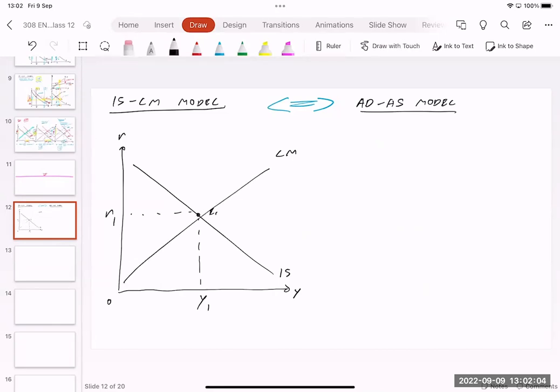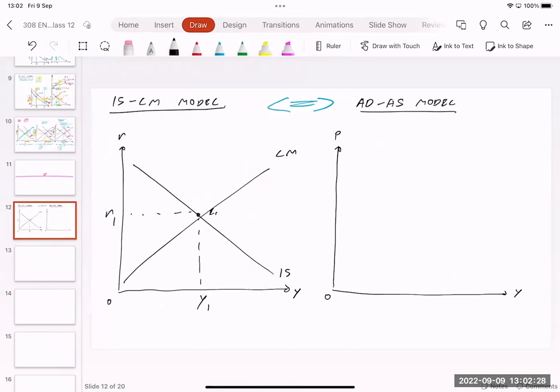Then we have the aggregate demand and aggregate supply model that we learned before in the midterm exam. On the horizontal axis it's the same as IS-LM, Y as GDP. But on the vertical axis it's different. It's P, which stands for the price level.